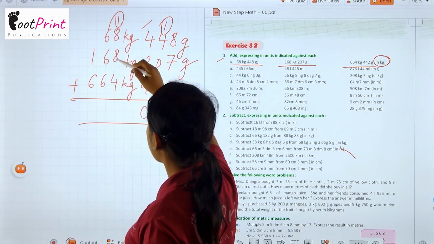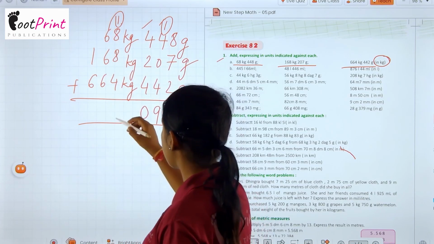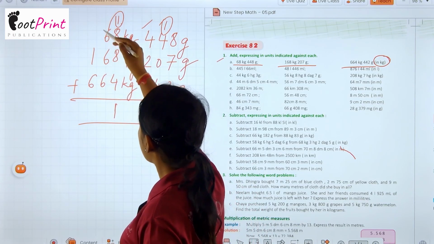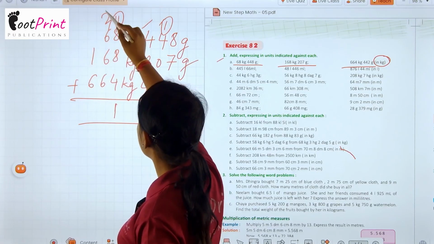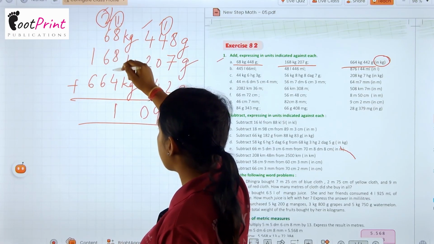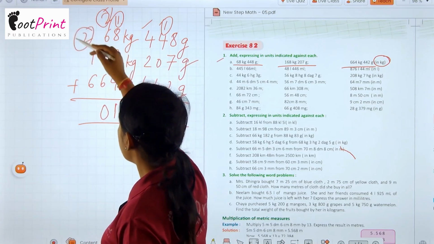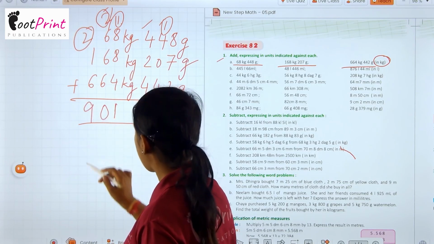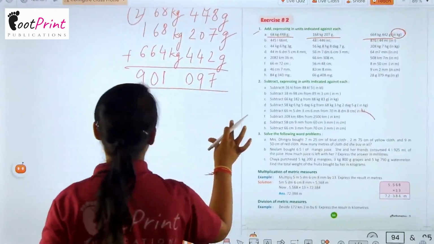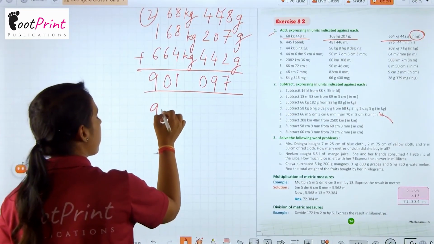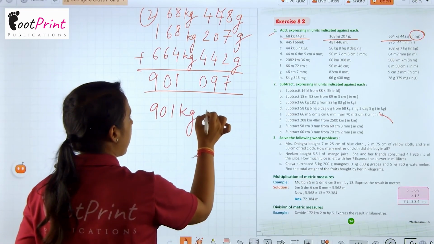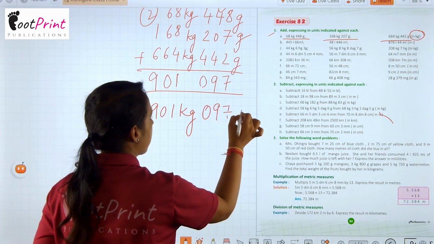1, 8, 9, 9, 8, 17, 17, 4, 21. So here we have 2, 2, 6, 8, 8, 6, 14 and 14, 6, 20. So here we have 2, 2, 1, 3 and 6, 9. So what we get here? We get 901 kilogram and 097 gram.